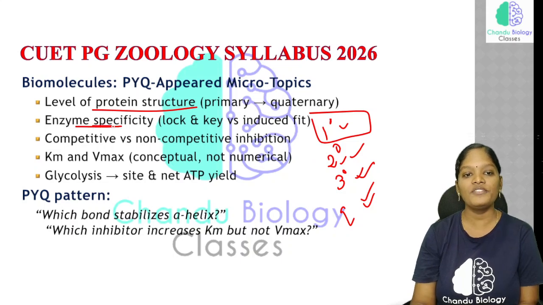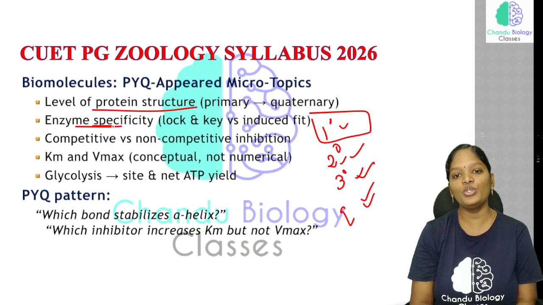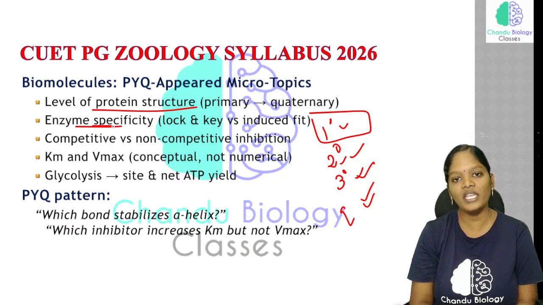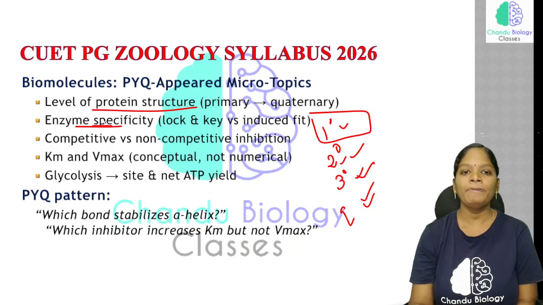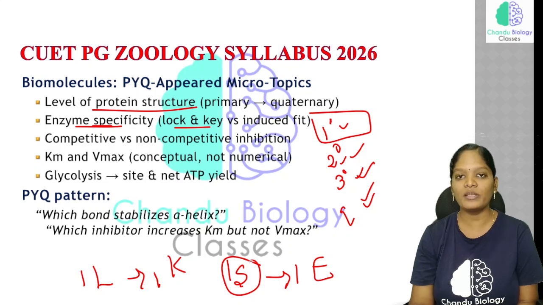And enzyme specificity. When it comes to enzyme specificity, you should know two important models: the lock and key model and the induced fit model. In the lock and key model, for one lock there is only one key; for one substrate there is only one enzyme that associates with it.